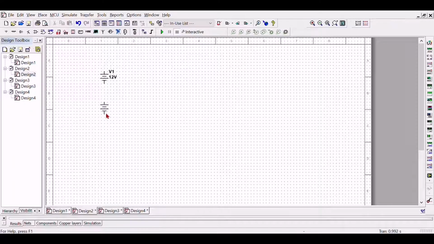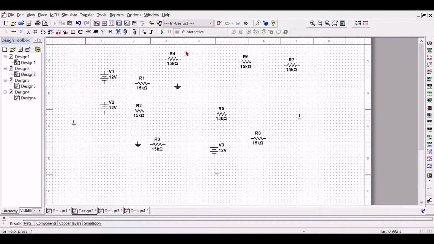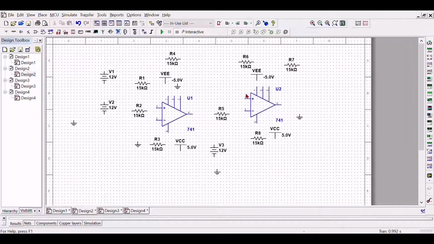So for the simulation of question 2, I use the same method, which is I took out all the components needed, which are the voltage supplies, the ground, the resistors, the operational amplifier, and also the multimeter to determine the voltage at the output.